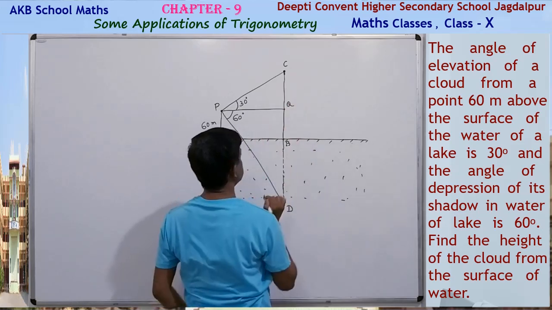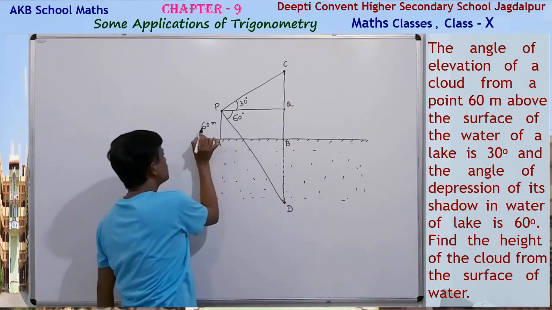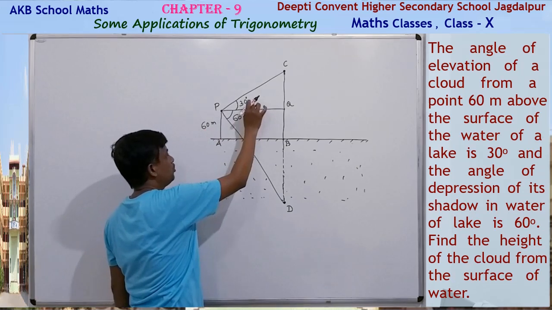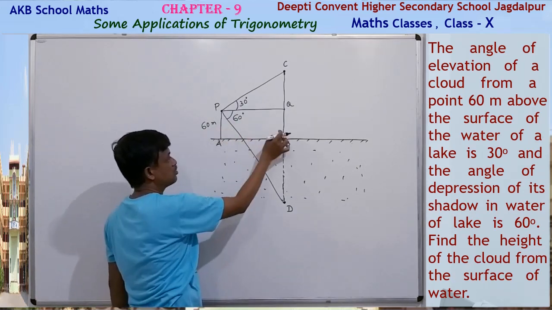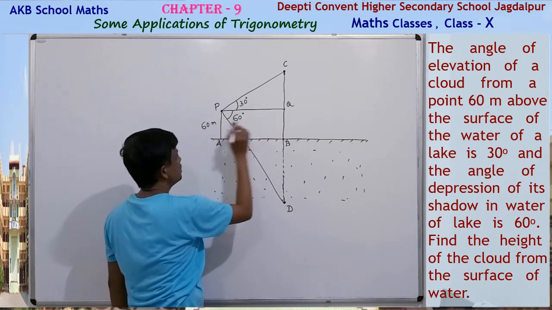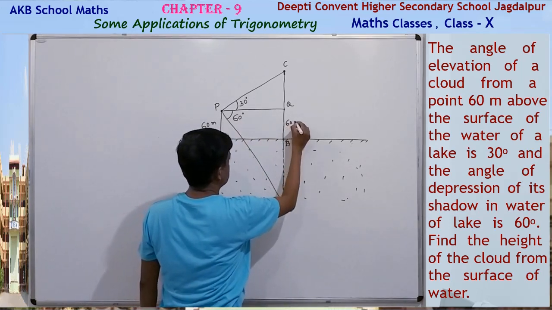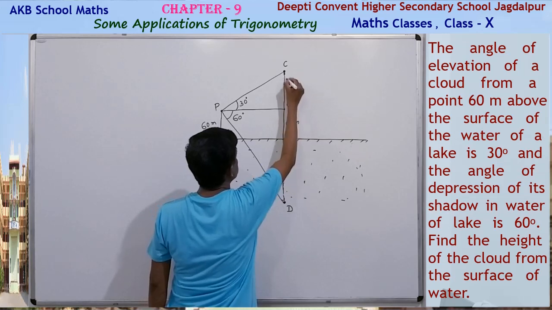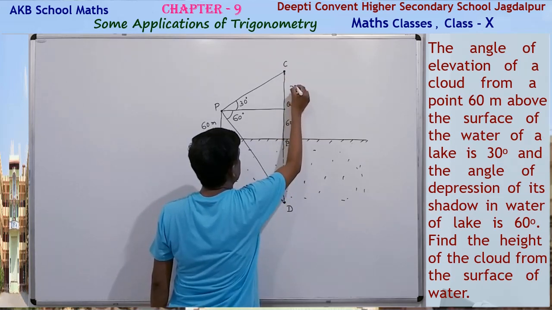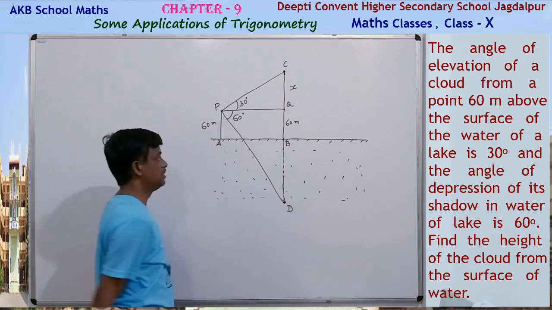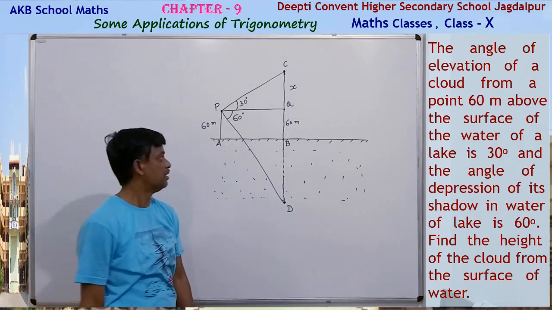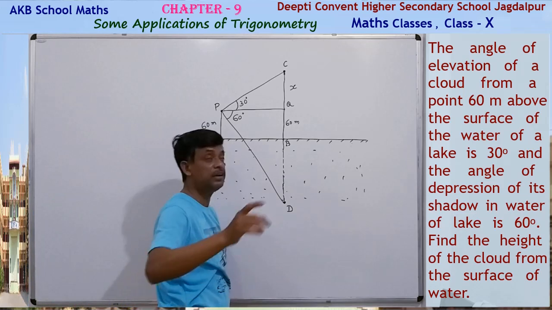If this is 60, then because both lines are parallel, this is also perpendicular, this is also perpendicular, so this is a rectangle, so this is also 60. Suppose CQ equals x meter. Clear? Now we have to find the value of what? BC.